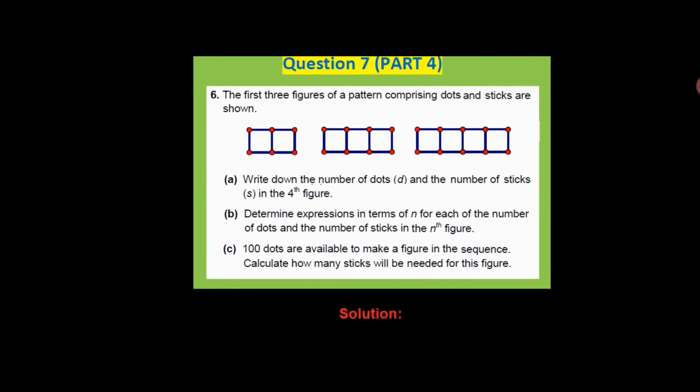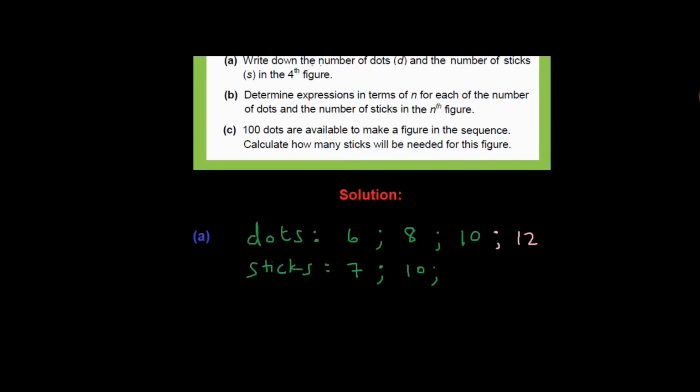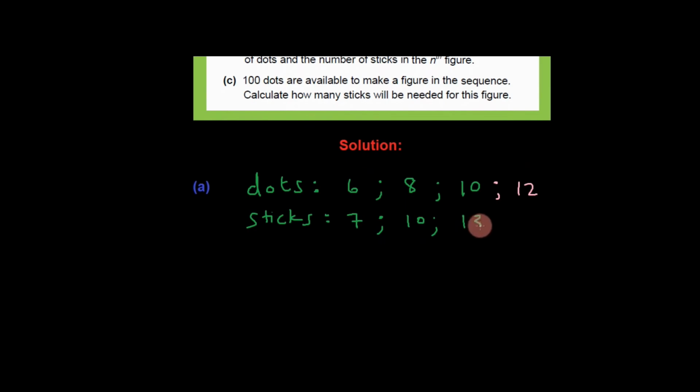And in the third figure, we have 13 sticks. Once again, we have an AP. In this case, the common difference is 3. So in the fourth figure, we'll have 13 plus 3, which is 16 sticks.